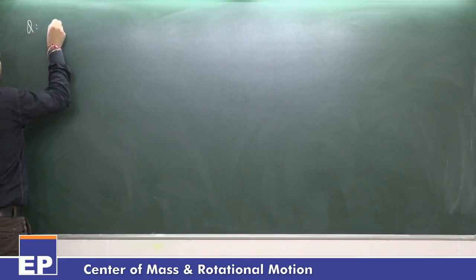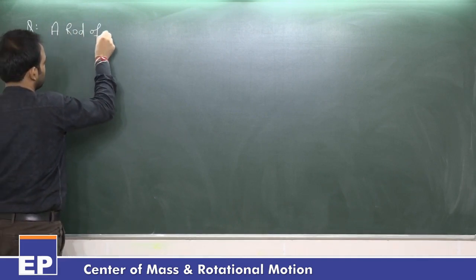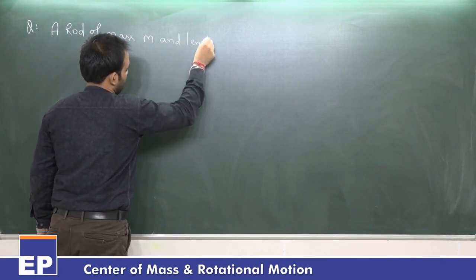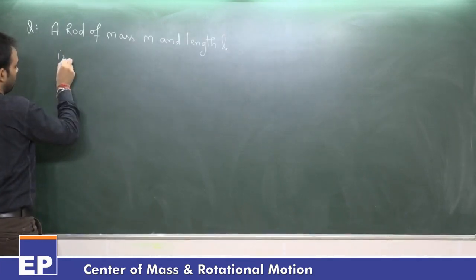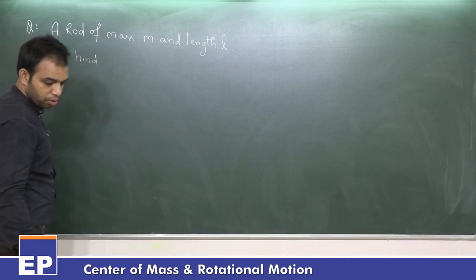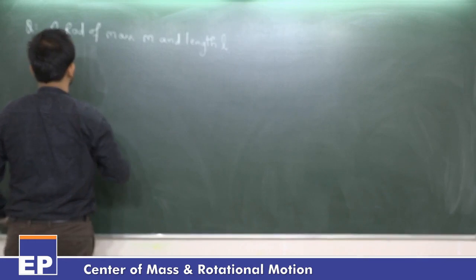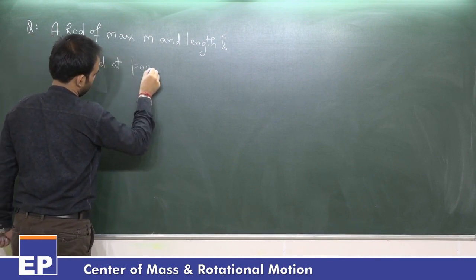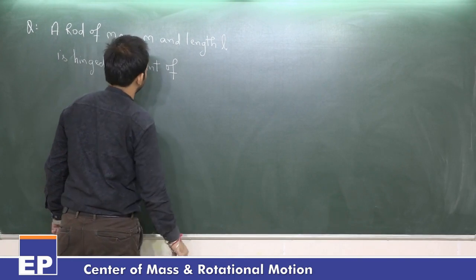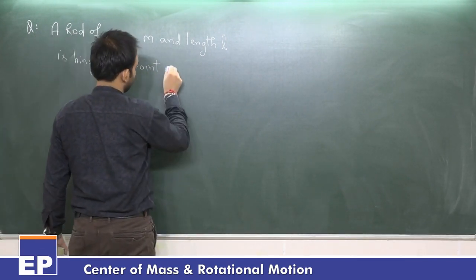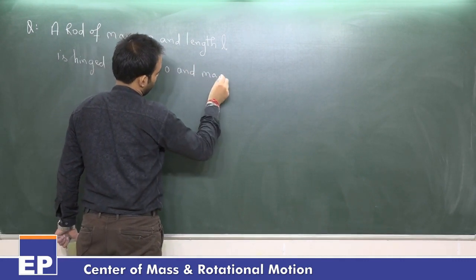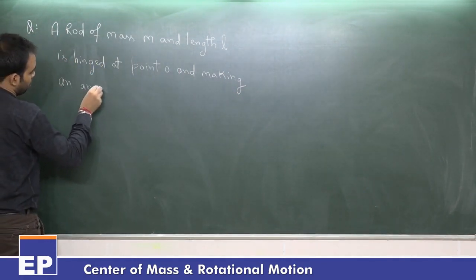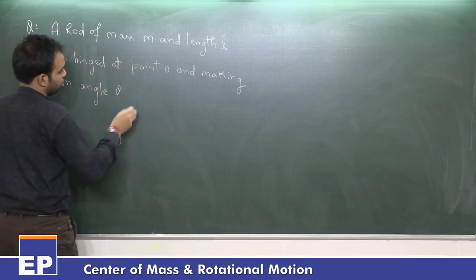Next, a rod of mass m and length L is hinged at point O and making an angle theta with the vertical.